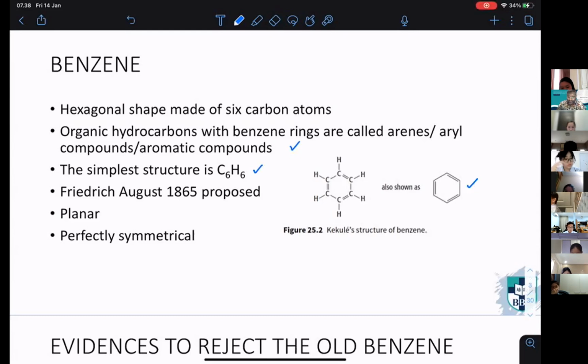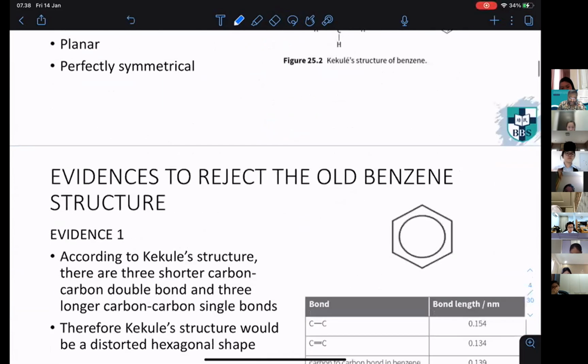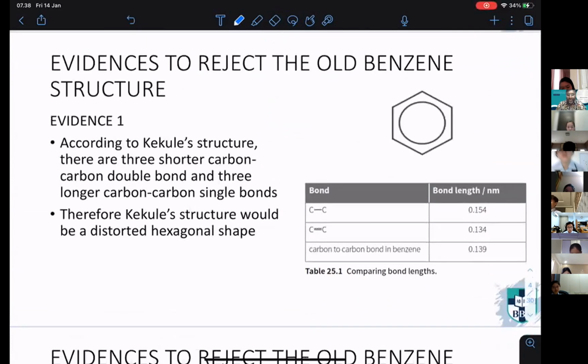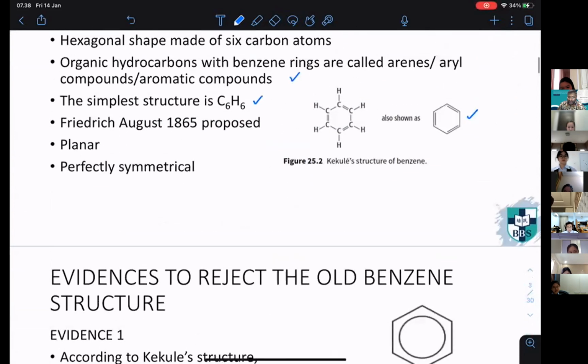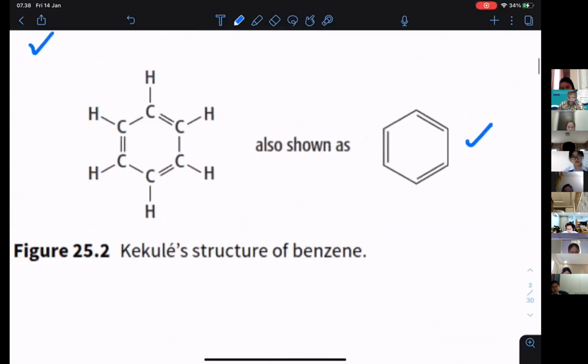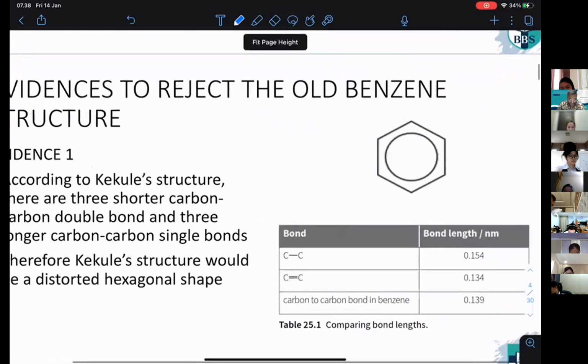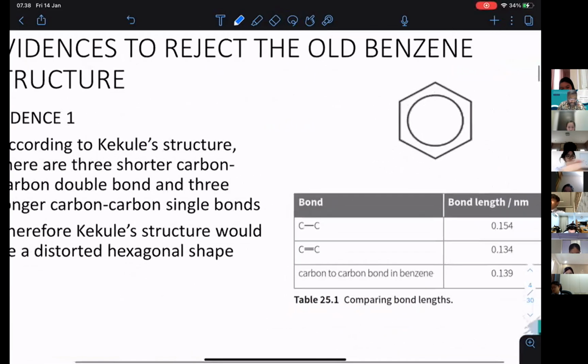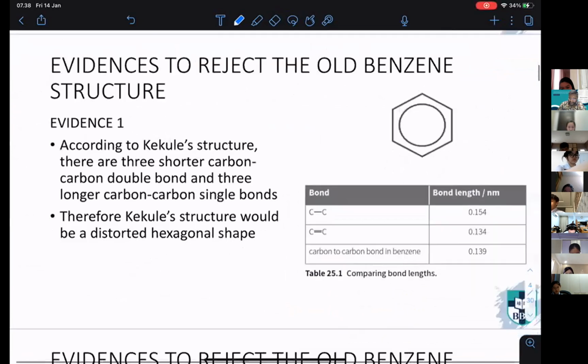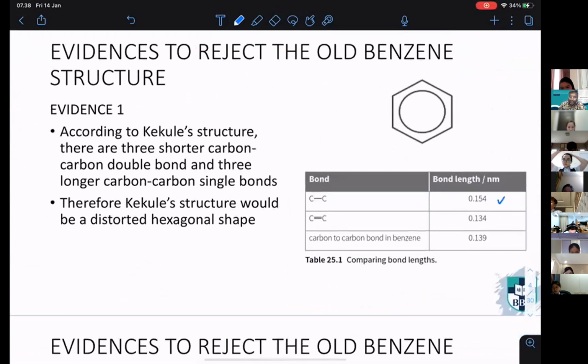But we have also learned that there is evidence we can use to reject the old benzene structure with the 3 double bonds. One piece of evidence is according to the Kekulé structure, there are 3 shorter carbon-carbon double bonds. You can see from the table that the carbon-carbon double bond is shorter, and the carbon-carbon single bond is longer.